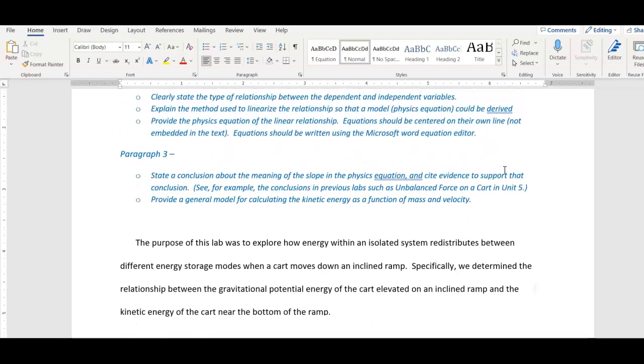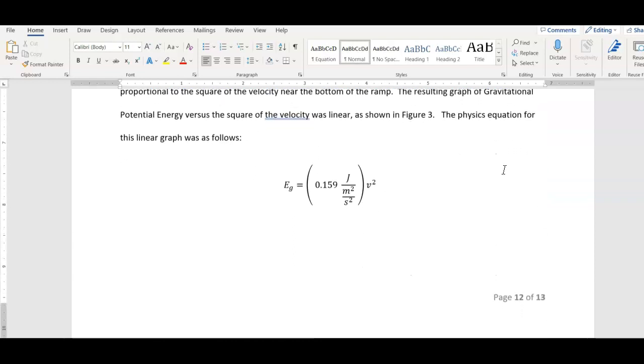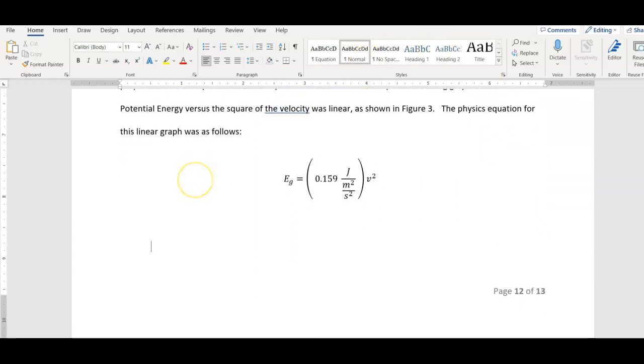And then the third part is we want to talk about what that slope means. So we could say the slope of figure 3 is similar to half the mass of the cart.